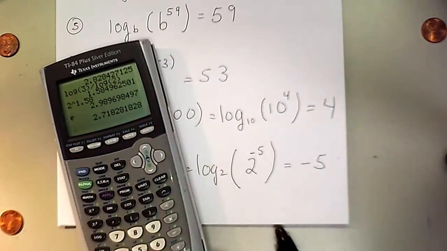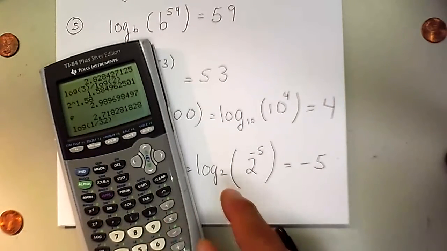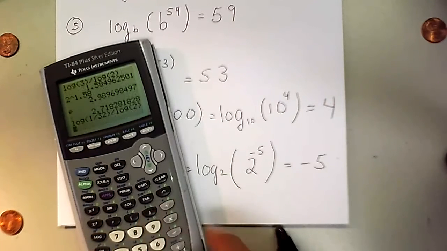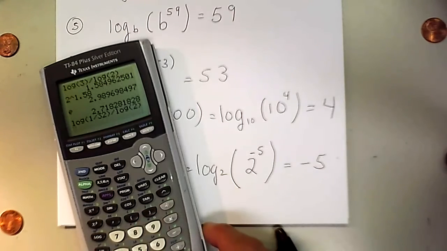Okay, so logarithm base 2. So we gotta do logarithm of 1 over 32, close parenthesis. But we gotta compensate for the fact that we have to use the logarithm in base 2. So we're gonna divide by the logarithm of 2. And I think we're supposed to get -5.